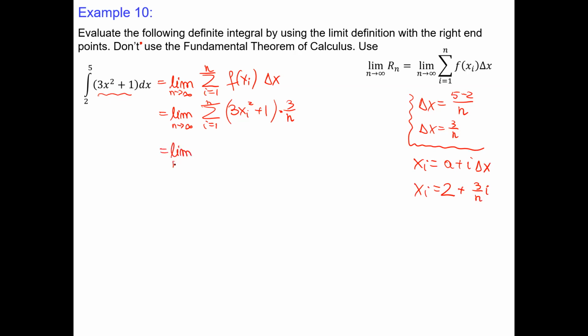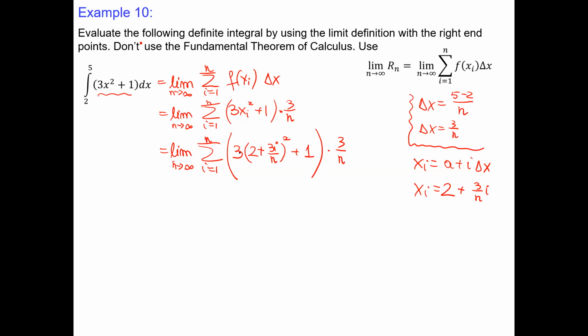Let's substitute. i is changing from 1 to n. Okay, we do have 3 times x sub i squared plus 1 times delta x. And this is 2 plus 3i over n, squared.